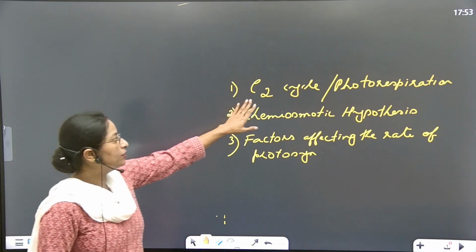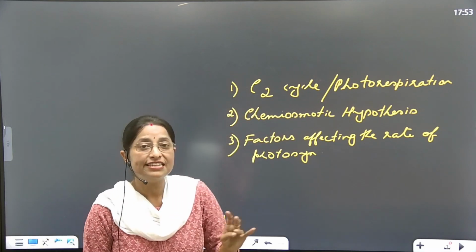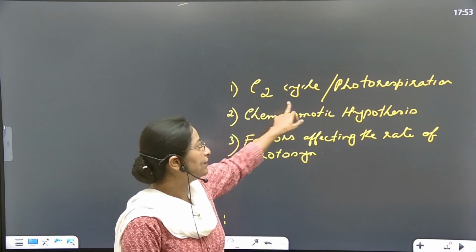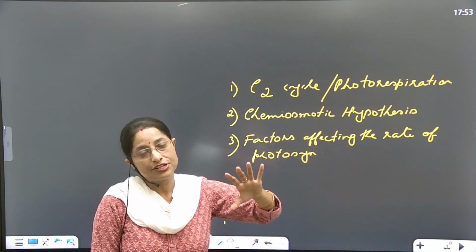So talking about the C3 cycle, C4 cycle and CAM cycle related with the dark reaction, together with that we'll be talking about something called photorespiration.